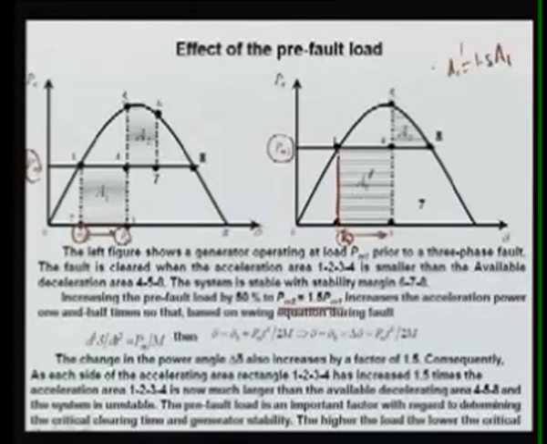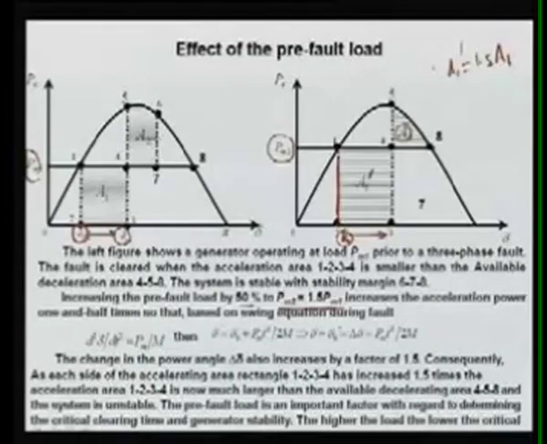So this area is increased, and at the same time area 2 is decreased, meaning this area is now smaller. So we can see that increasing the pre-fault load by 50%, Pm2 increases the accelerating power by 1.5 times.